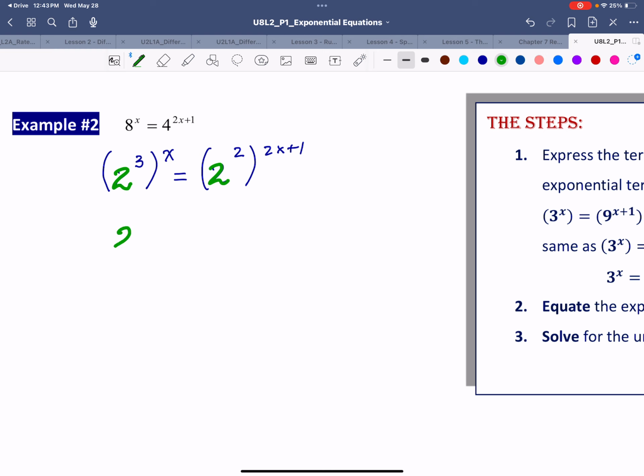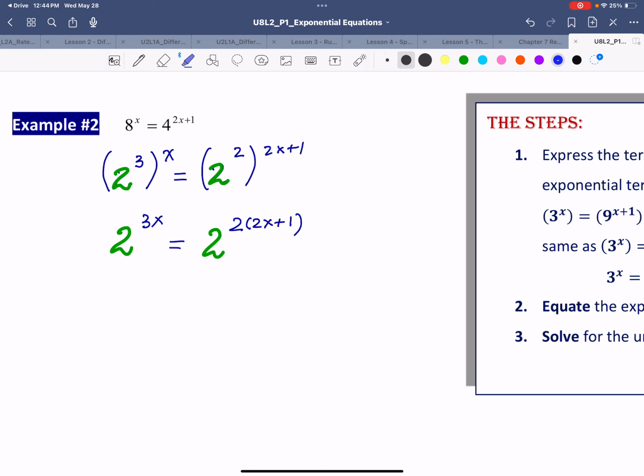On the left side we'll have 2 to the power of, here is the power law, so you multiply the exponents. On the other side, we're going to have base 2, and the exponent will be 2 times 2x plus 1. Now we have the exact same bases.